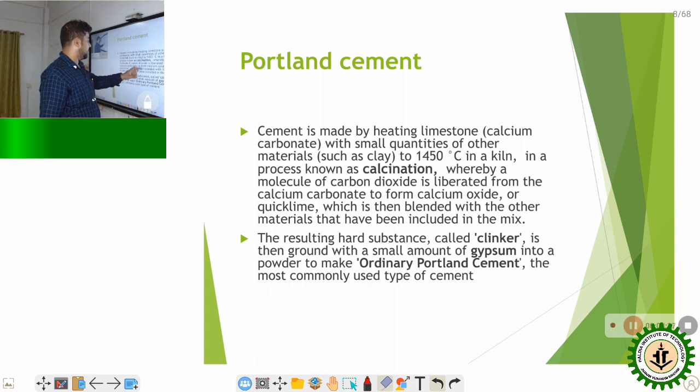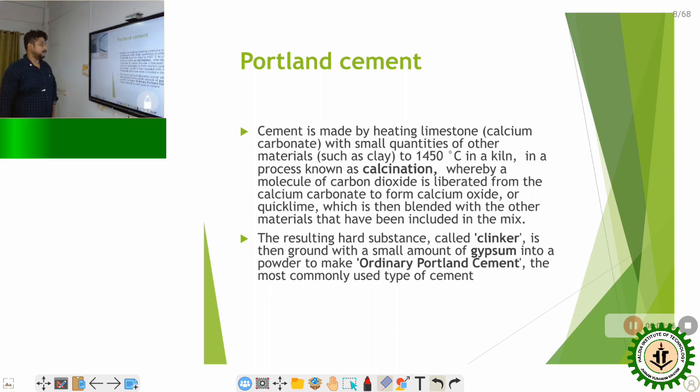This is done with the help of calcination. The calcareous compound is heated at 1450 centigrade in a kiln, which is known as calcination, whereby a molecule of carbon dioxide is liberated from the calcium carbonate to form calcium oxide or quicklime, which is then blended with other materials that have been included in the mix.